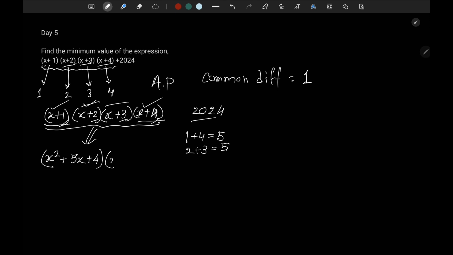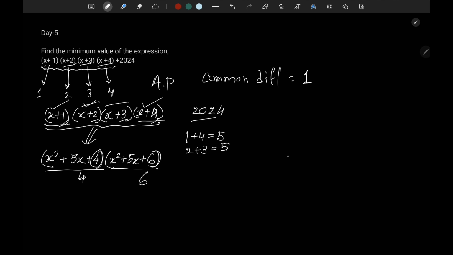If you multiply them, you will get x square plus 3x plus 2x is your 5x plus 6. Now if you look at these two terms only, what is the difference? The only difference between them is this constant term, right? You have 6 here, and 4 here.